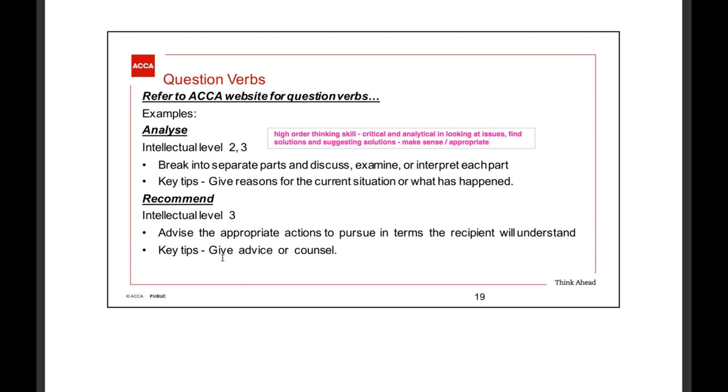And recommend basically, okay, is asking you to give advice or counsel. So what does that mean? How are you supposed to be writing when you're supposed to be recommending? Basically, when you recommend, all right, here it says give advice or counsel. So if you're giving advice to a person, as a layman's understanding of advice, definitely you will highlight to them what is good about that particular action and what's not good about it.